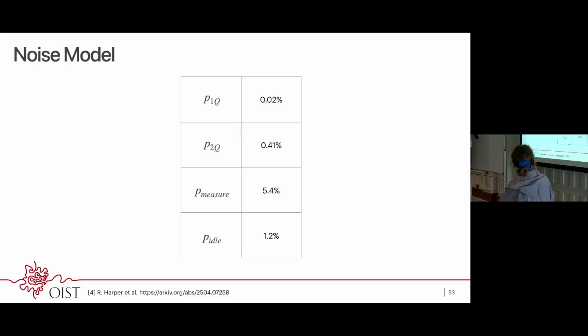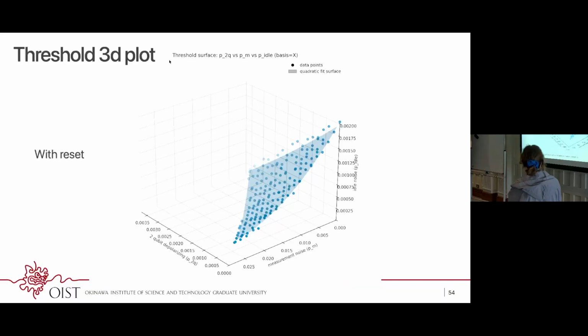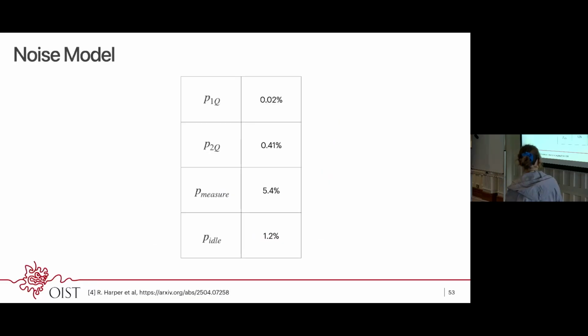So this is a noise model of the device. Here we did some simulations. We fixed the one-qubit depolarizing noise because it's the least significant noise among all the noise, and it also affects the circuit the least.